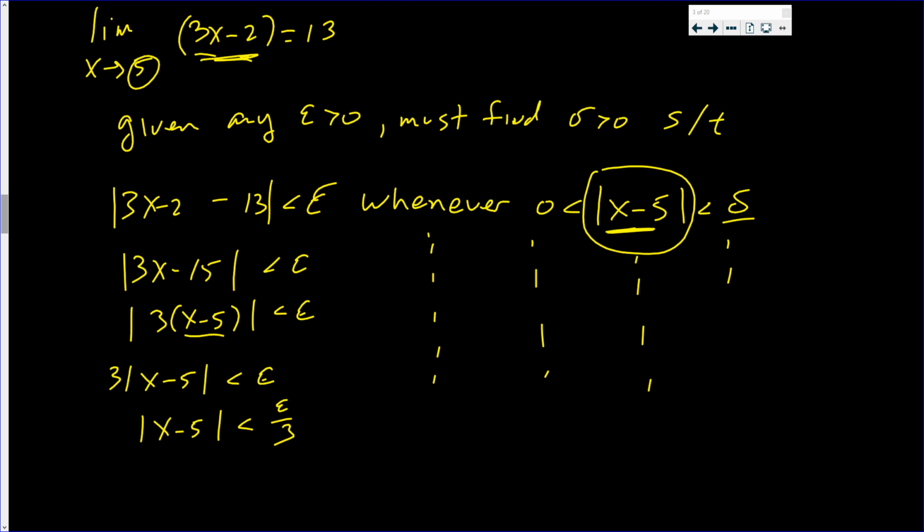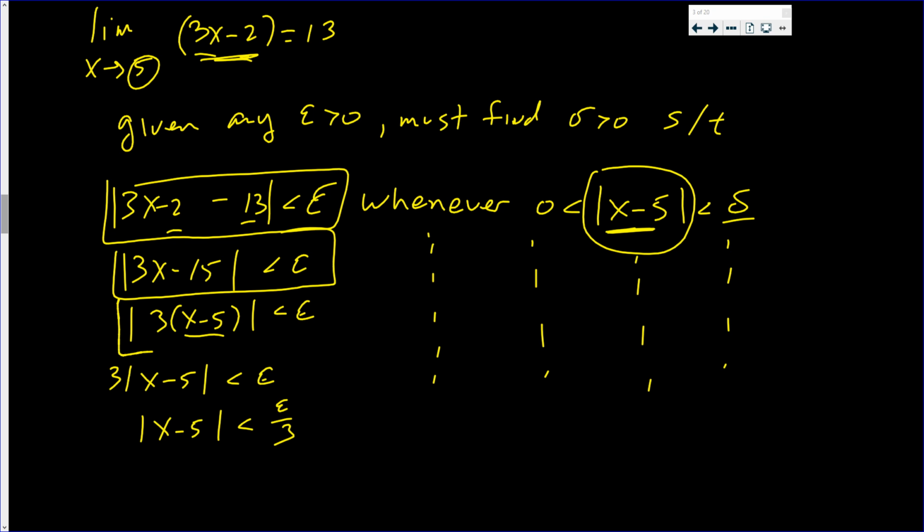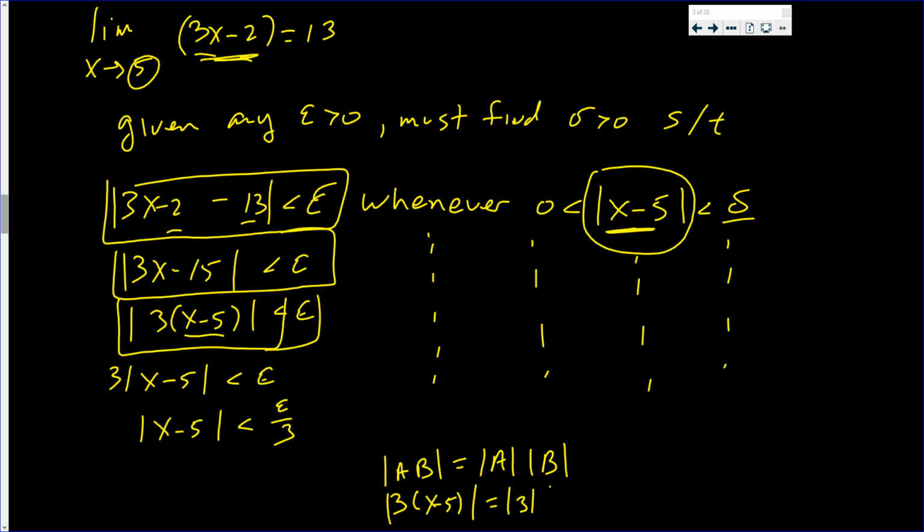And this doesn't change because we never really changed this. From here to the next line, all I did was say minus 2 minus 13 is minus 15. And to the next line, I factored out a 3. And then I used the fact that the absolute value of A times B is the absolute value of A times the absolute value of B. And since A was positive, I get the absolute value of 3 times the absolute value of x minus 5.